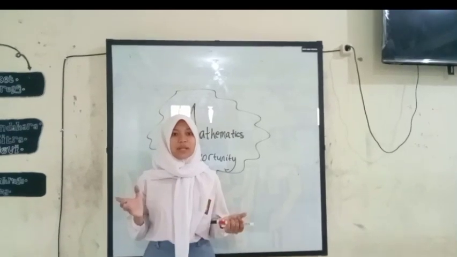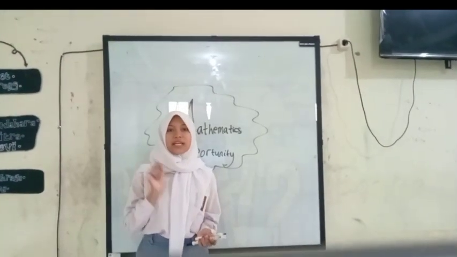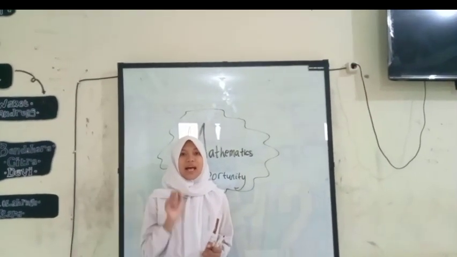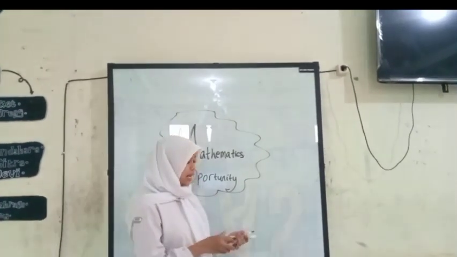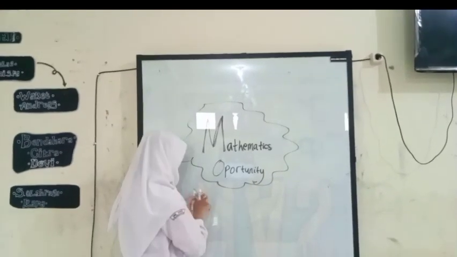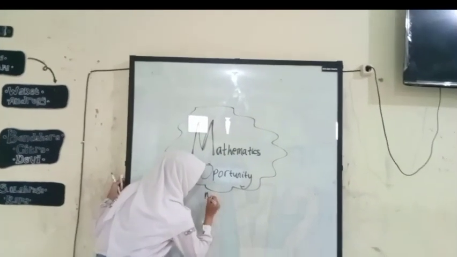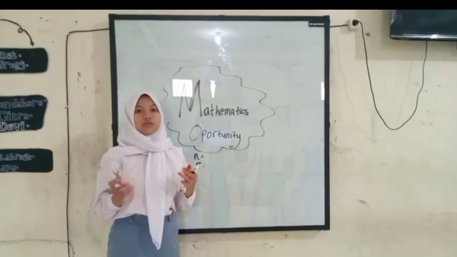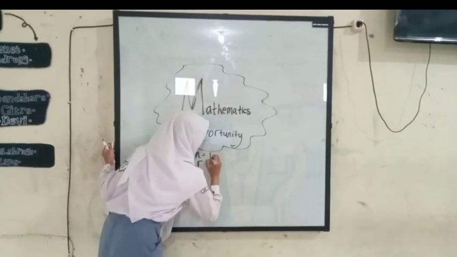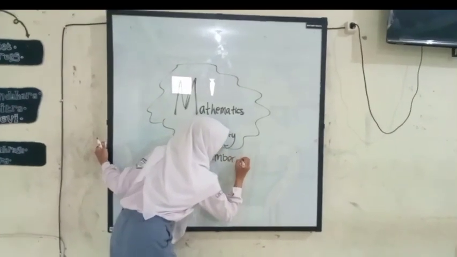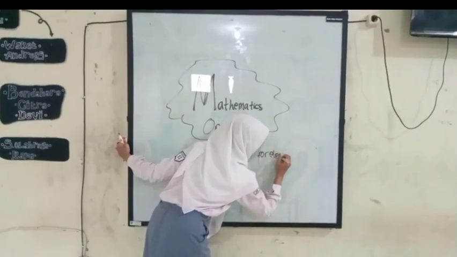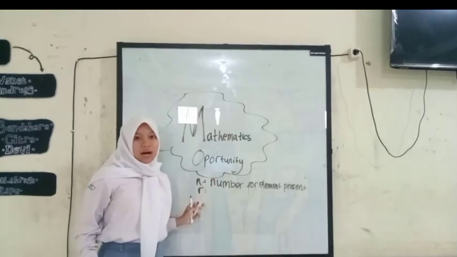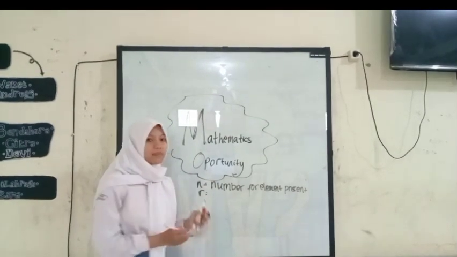Mathematically, permutations are formulated as follows. Permutation nPr equals n factorial per n minus r factorial, like this. n is the number of elements present, and r is the number of elements desired.